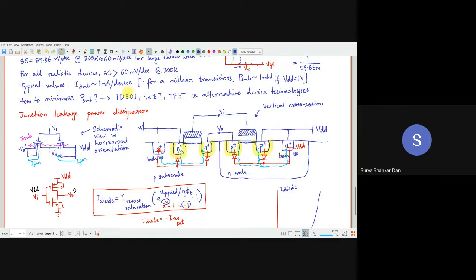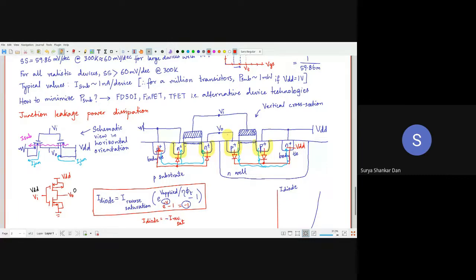As a passing comment, FDSOI is one of the revolutions in VLSI technology. That was invented by Collange. Anyways, FDSOI जो टेक्नोलॉजी है ना, इसने junction leakage को पूरा खत्म कर दिया.